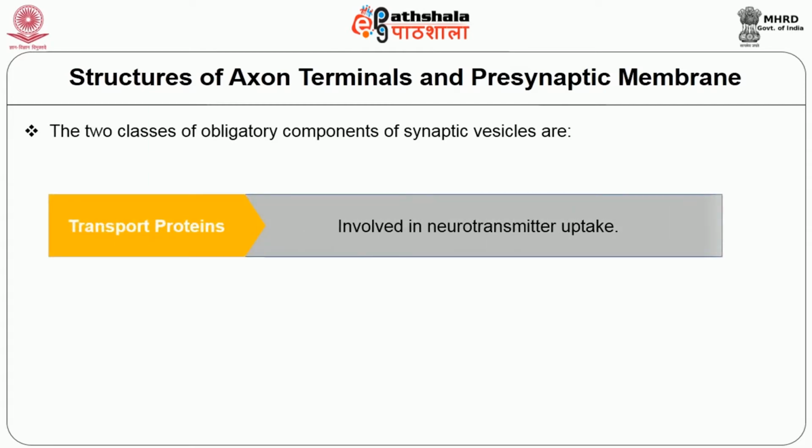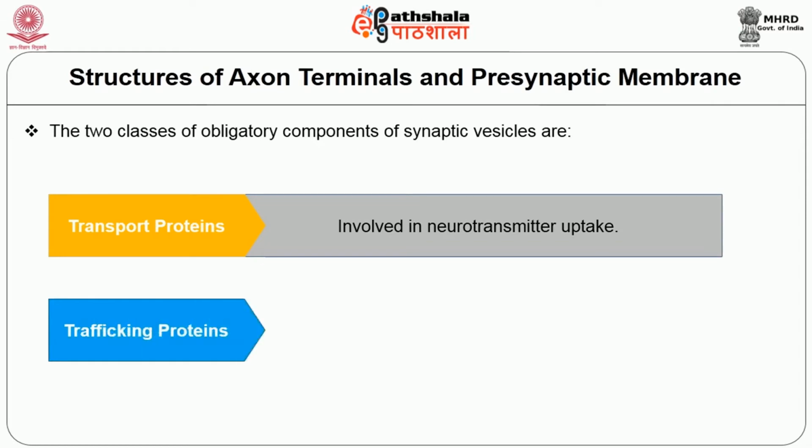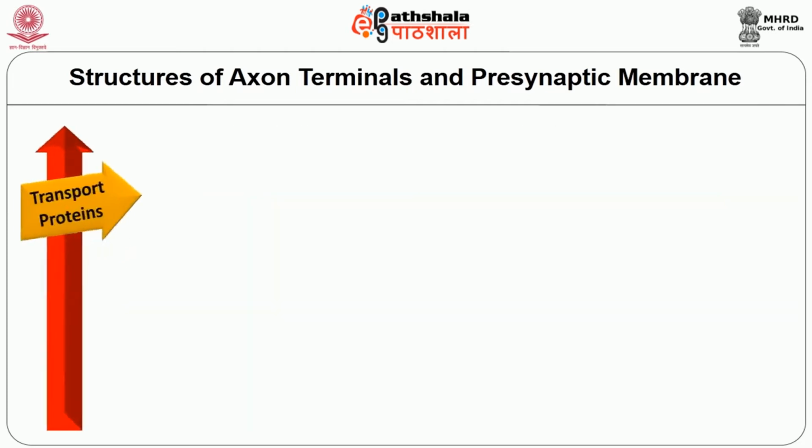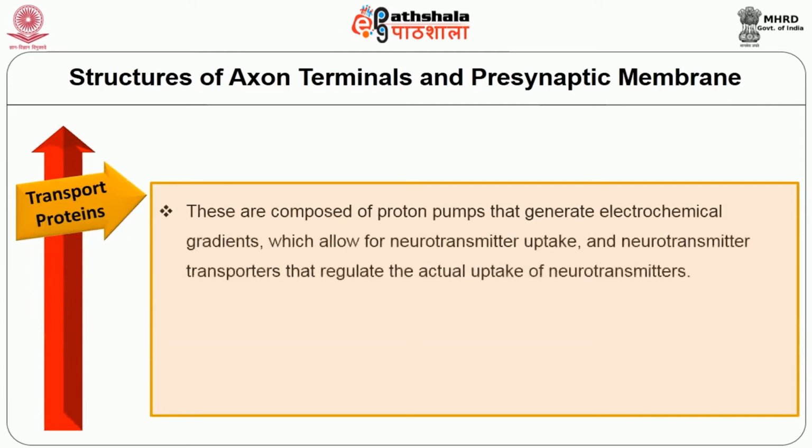transport proteins, which are involved in neurotransmitter uptake, and trafficking proteins that participate in synaptic vesicle exocytosis, endocytosis, and recycling. The transport proteins are composed of proton pumps that generate electrochemical gradients, which allow for neurotransmitter uptake, and neurotransmitter transporters that regulate the actual uptake of neurotransmitters.